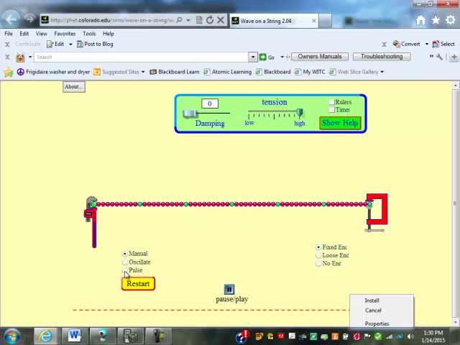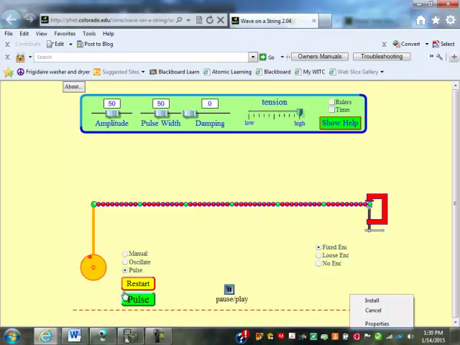So we're going to stop this and we're going to make a single pulse right now. You can see that gives us that nice, perfectly formed little wave. I send another pulse. What do you see happens when the two pulses hit? They actually don't bounce back.